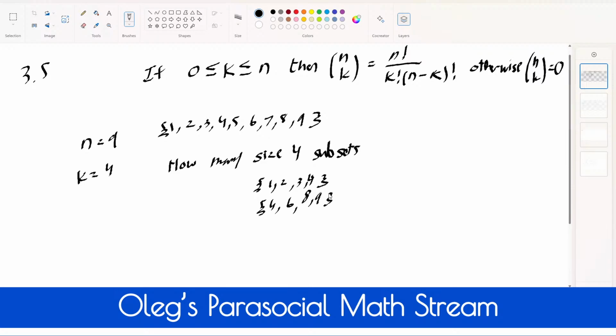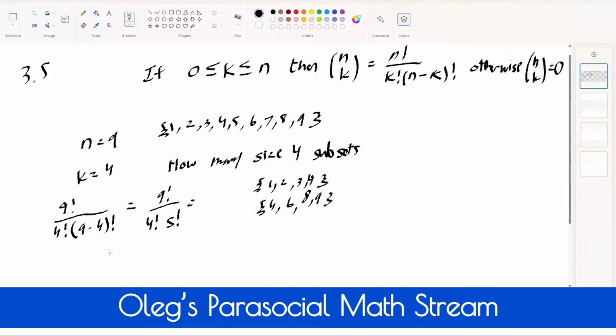Okay, so we're going to use our formula. Let's do it. We're going to say n factorial over k factorial times n minus k factorial. All right, let's do that. So then we got 9 factorial over 4 factorial times 5 factorial.